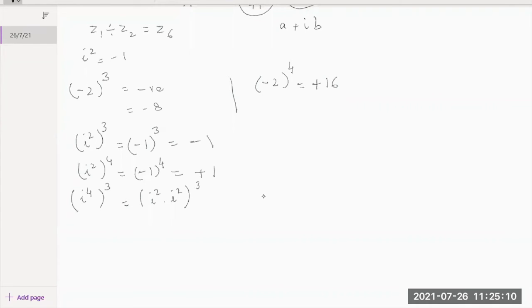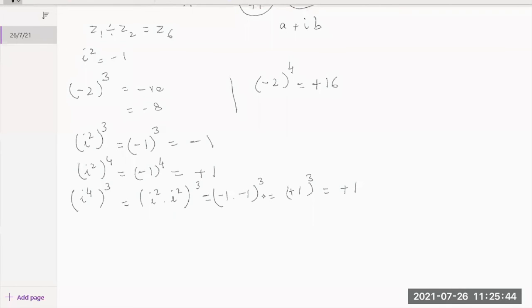Minus 1 into minus 1 will give you positive 1, to the power of 3. A positive number raised to an odd power will give you a positive number, that is plus 1 only. So if I write it as i to the power of 4 and then express the answer, it's up to you. Whichever way you find it easy, you can give the answer.